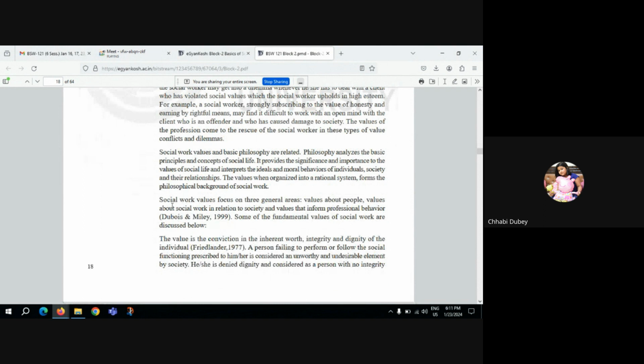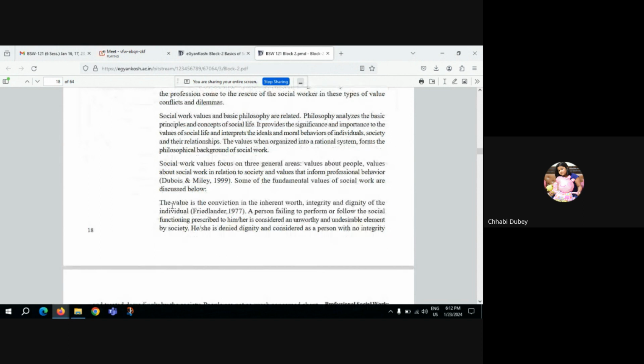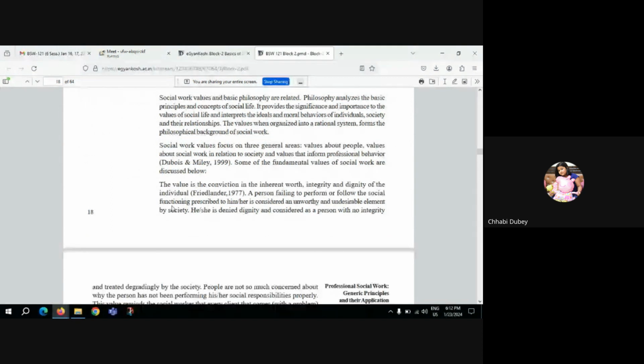The first value is the conviction in the inherent worth, integrity, and dignity of the individual. Any person who is failing to perform or follow social functioning is generally considered an unworthy and undesirable element by the society. He or she is often denied the dignity that should be given to an individual member of the society.